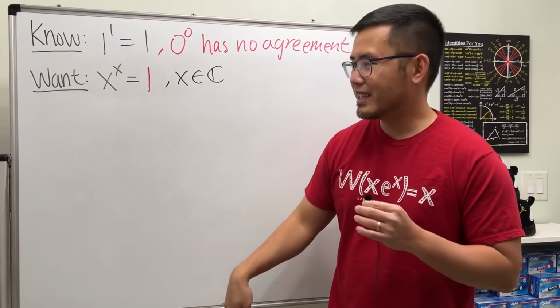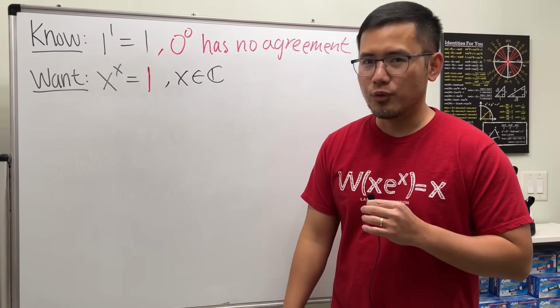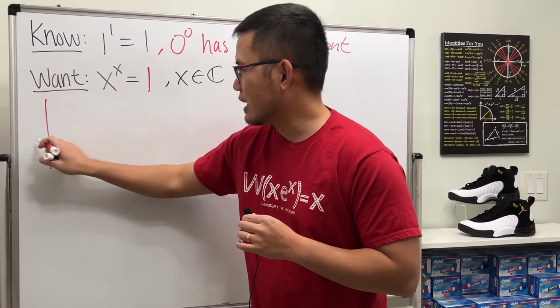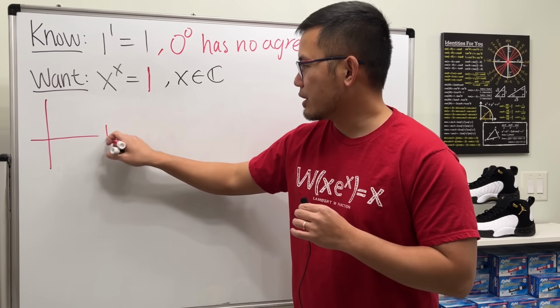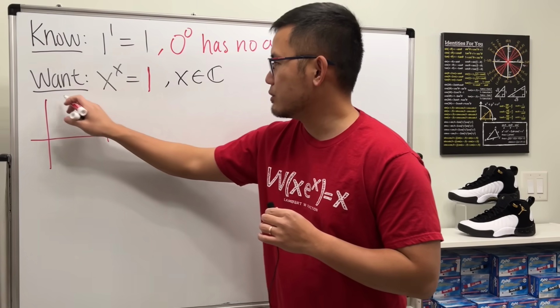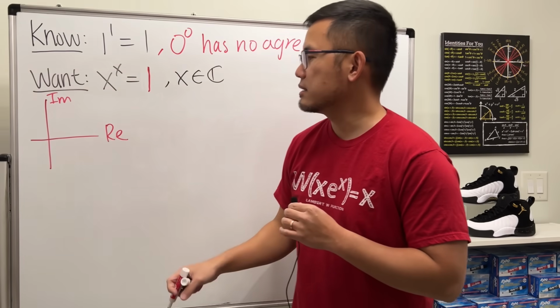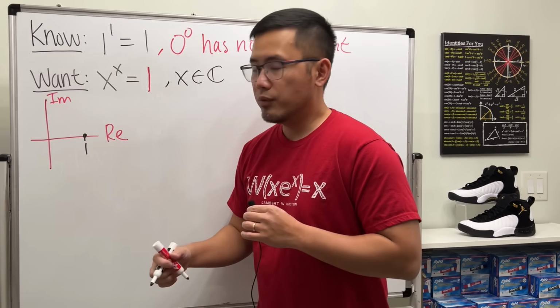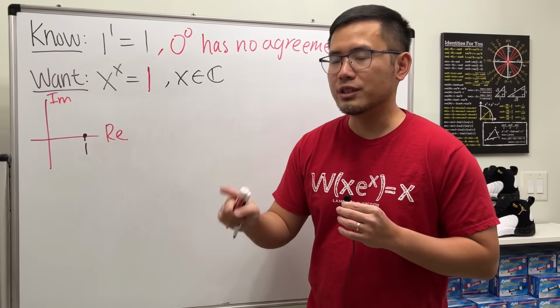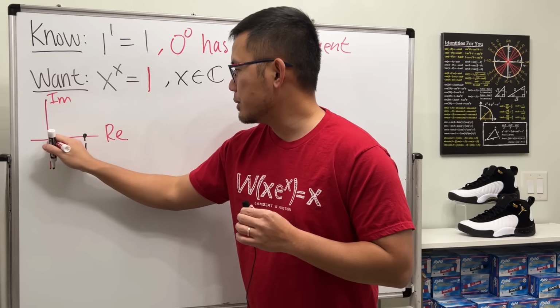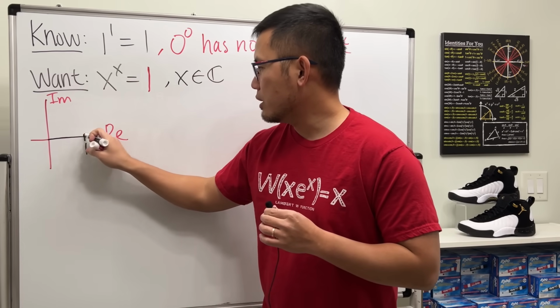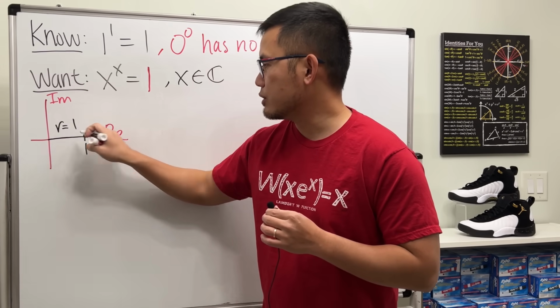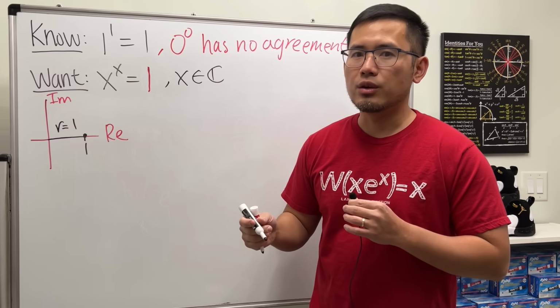How do we do it? Let's write 1 into its polar form in the complex world. So check this out. This is the real axis, and this right here is the imaginary axis. 1 is right here. And to write this into the polar form, we need two things. First is the distance between the origin to here, denoted by r, which is just 1, and then we need an angle.